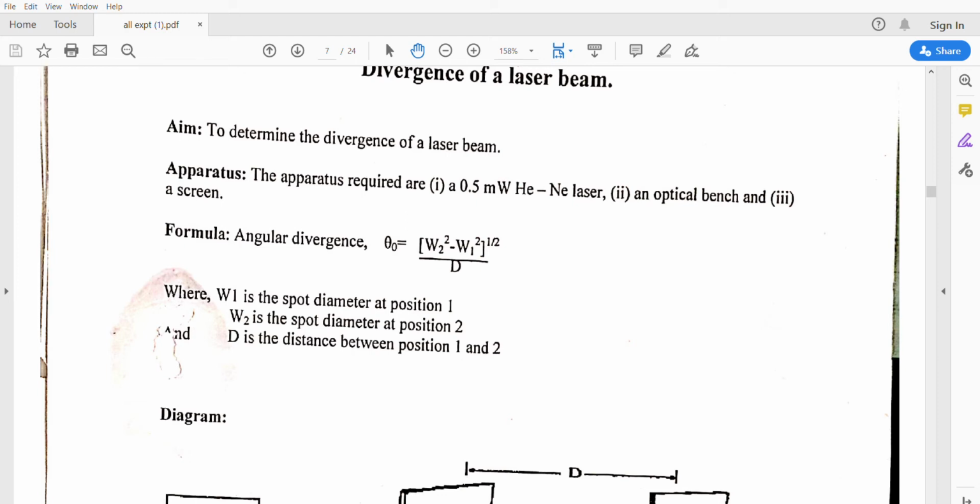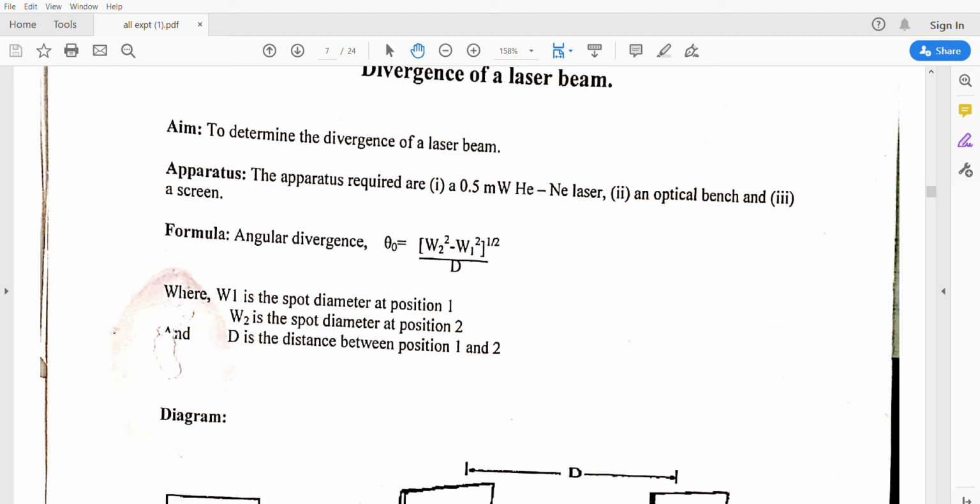Theta naught is equal to (w2 minus w1) divided by D. It depends on the width of the laser incident on a screen. W1 is the width of the laser at the first distance, w2 is the width of the laser at the second distance, and capital D is the distance between the source and screen. By calculating the width of the laser at different distances, we can understand the angular divergence.